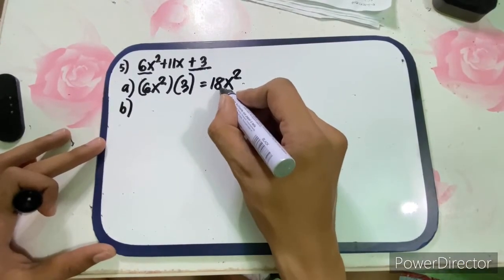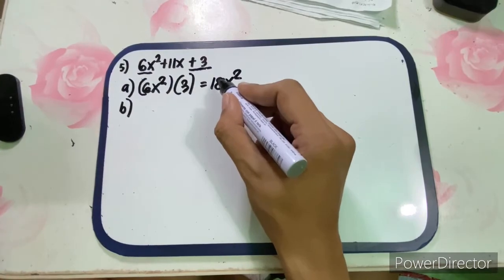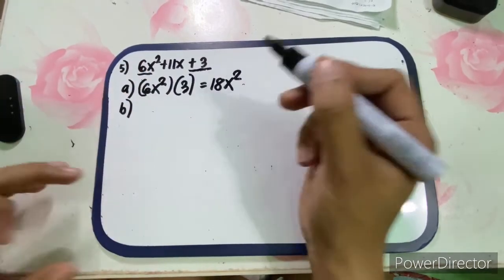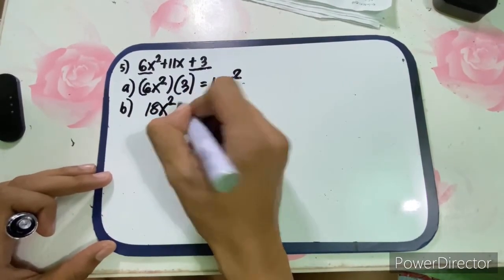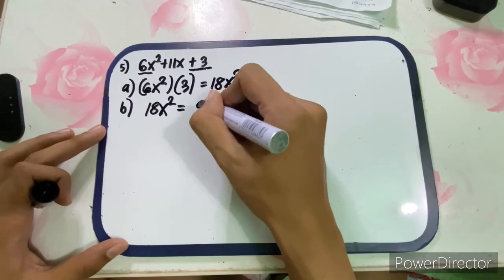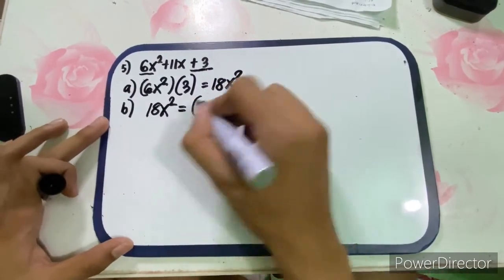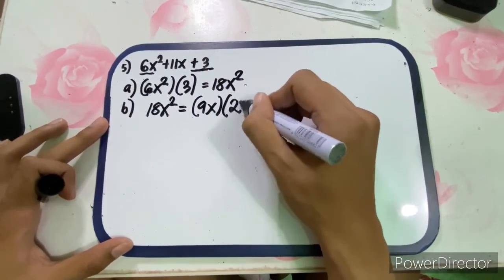For your letter B, let's go to 18. In this 18, think of a pair of factors that if we add, will result in 11. So I will go directly to 18x squared, and for the 18x squared, I will go directly to 9. So you need to break down this one. We have here 9x and 2x, right?